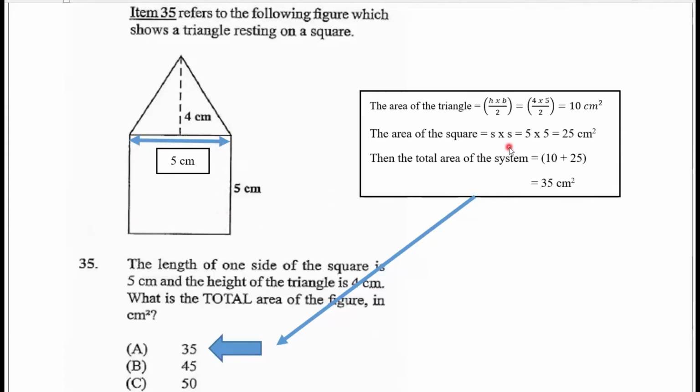Area of the square is side by side. That'll be 5 by 5, will give you 25 cm squared. And when you add the two of them, your total area will be 10 add 25, which is 35 cm squared. That's E as the answer there.